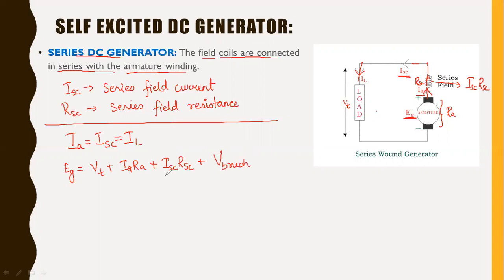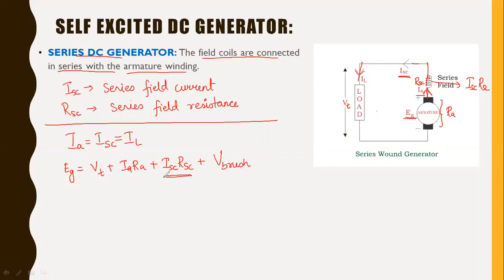So there is an additional voltage drop in a series DC generator, due to the series field winding. In the shunt case the field winding was connected in parallel, so we don't have to consider the voltage drop across it.